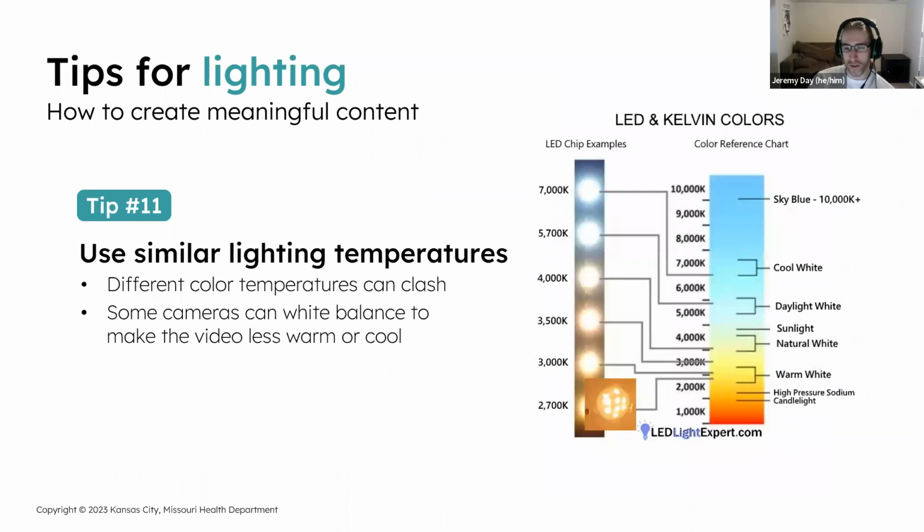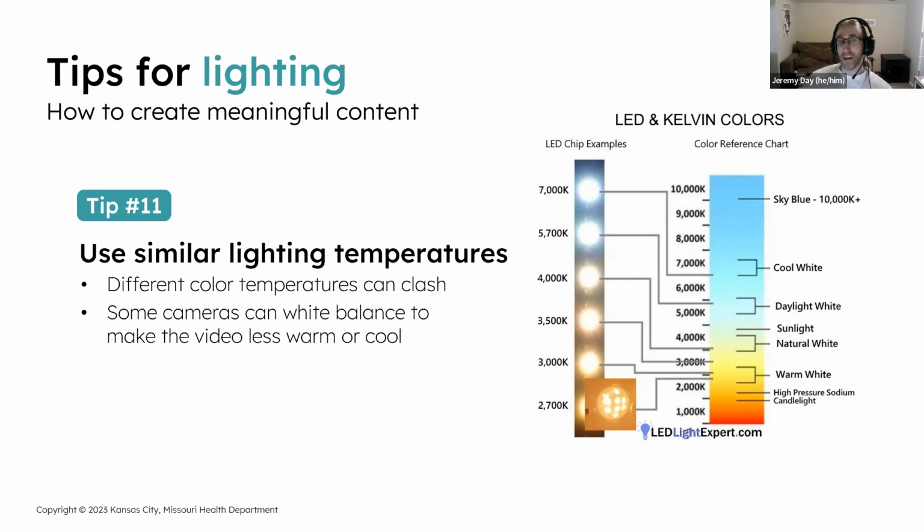Now, if you've been to Home Depot or Lowe's or Target or anywhere, you'll notice that there are different lights, and that really does come into play with lighting for video. Lights are measured by something called Kelvin, and its temperature.